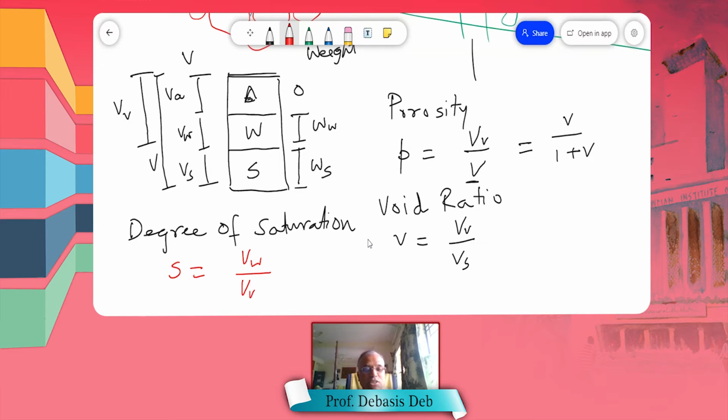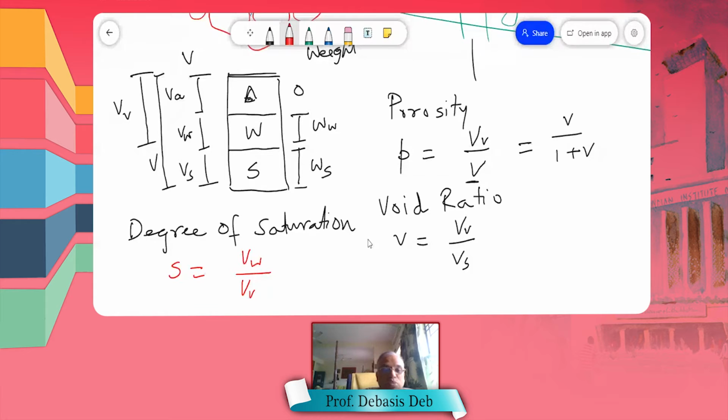Okay. So S is equal to 1. That means the entire volume of void is filled with volume of water. Okay. So the void ratio is also a ratio, which is Vv by Vs. So how much void volume with respect to solid volume, and porosity is void volume divided by the total volume of that soil sample.